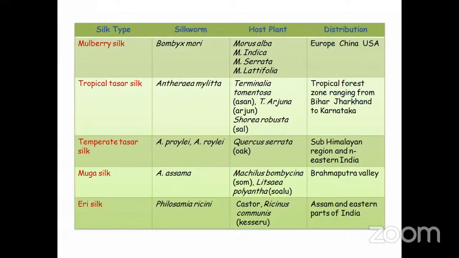Antheraea mylitta, the host plants for Antheraea mylitta are Asan, that is Terminalia tomentosa, then Terminalia arjuna, that is Arjun, then Shorea robusta, that is Sal. This is the tropical tussar silk moth, which is distributed in the tropical forest zone, ranging from Bihar, Jharkhand to Karnataka.